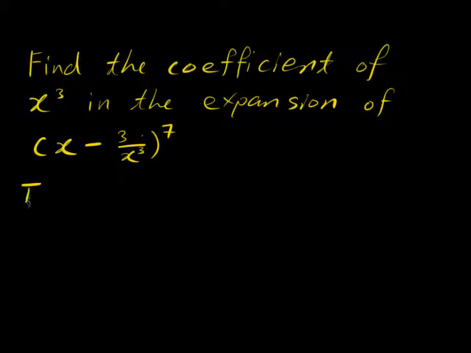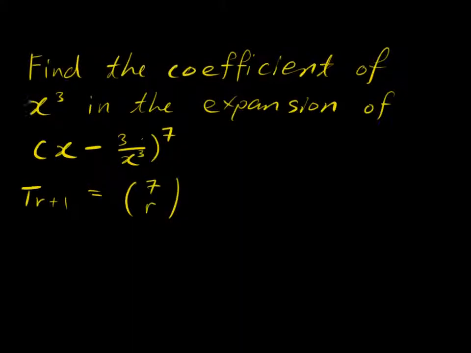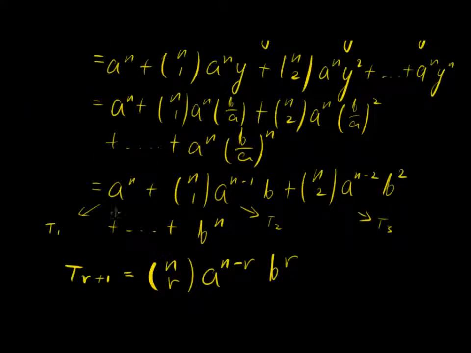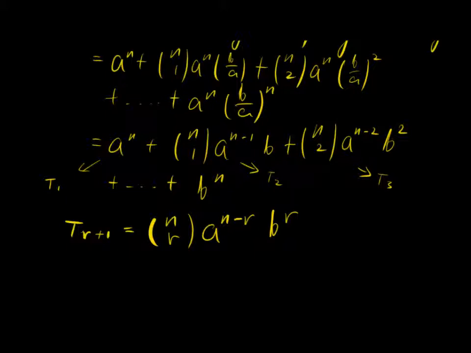In this case, T(r+1) equals, here we have n equals 7, so n is 7, and for the r plus 1 term, this would be 7Cr, like what we see here, right? Then a will be to the power of n minus r, and b, which is the second term, is going to be to the order of r.